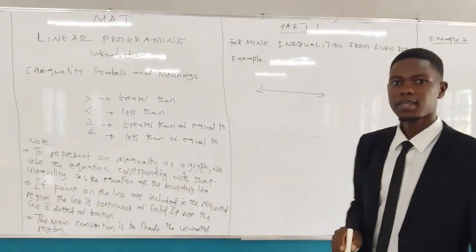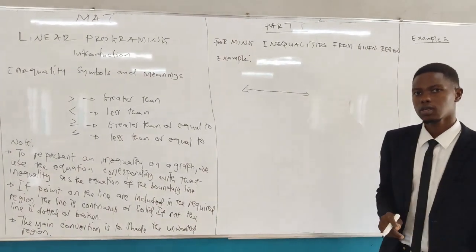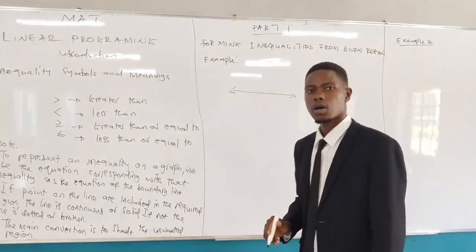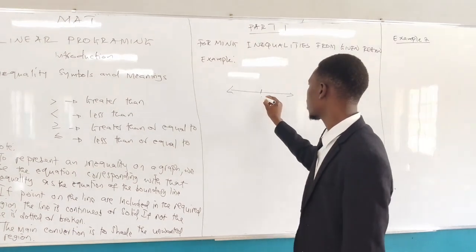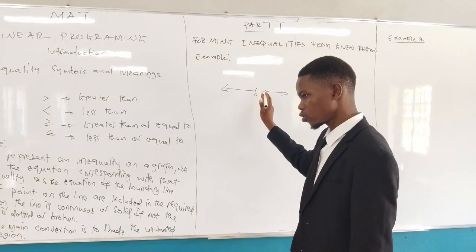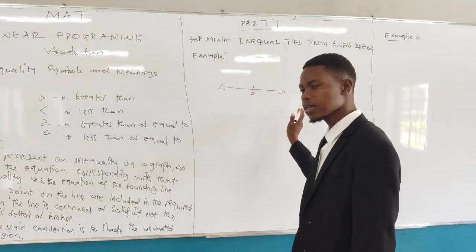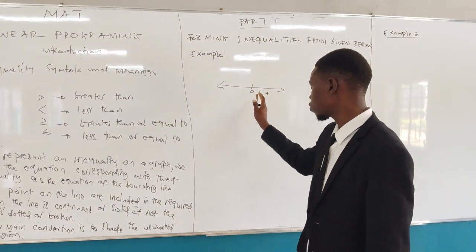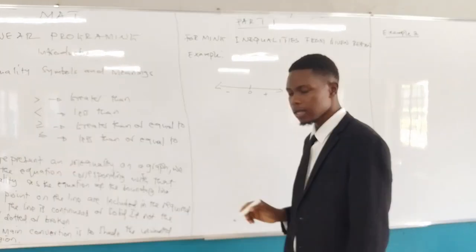So we have our number line, which is basic knowledge that I'm pretty sure you have from junior mathematics. We have a 0 here. Numbers ranging from 0 going to the right hand side are positive numbers, while the numbers going to the left hand side are negative numbers.